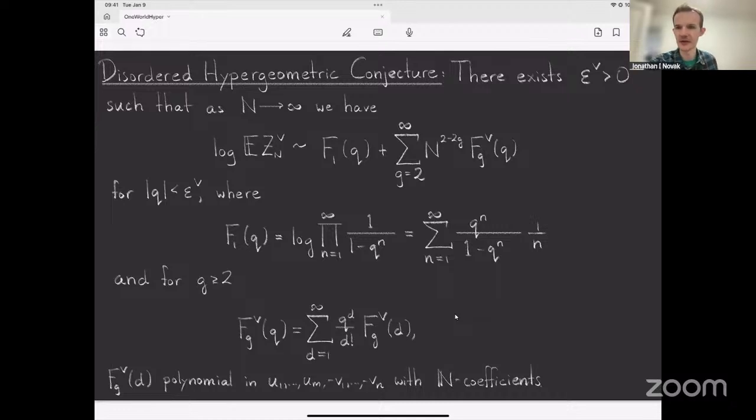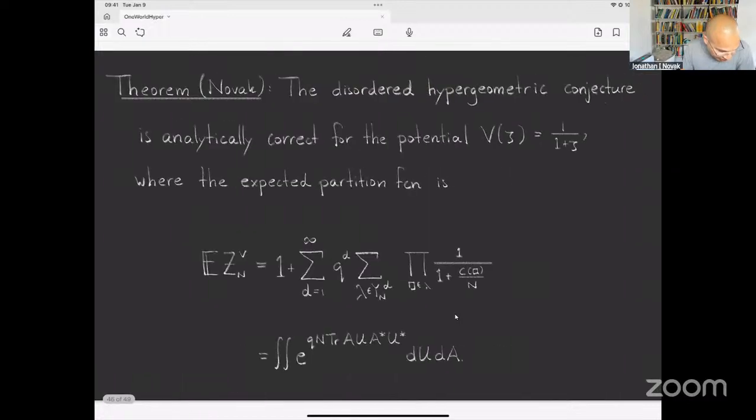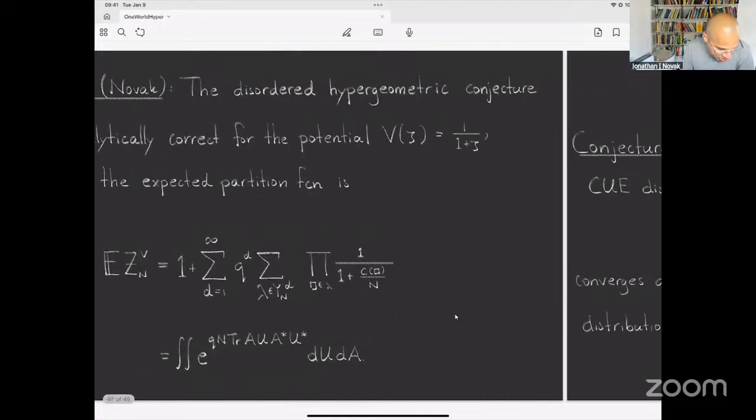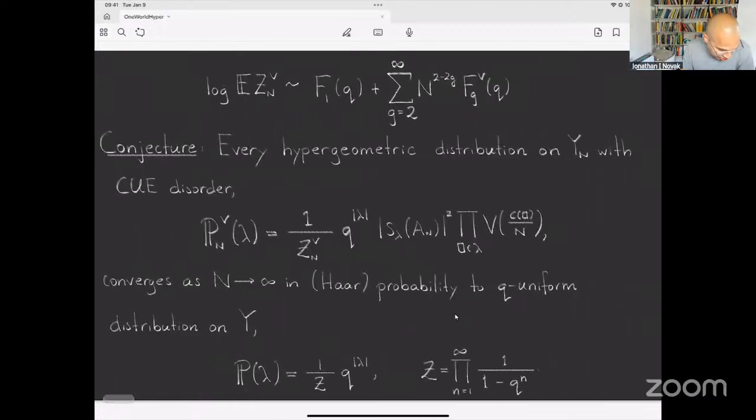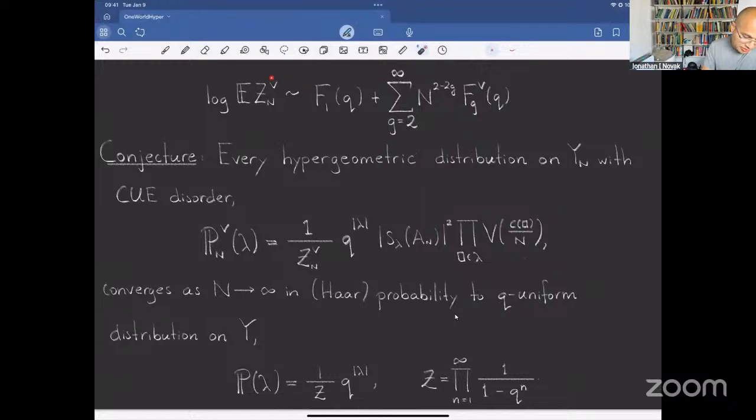I'm trying to find where I put this conjecture. Yeah, it's exactly here. So, to Gerard's question: what you're basically seeing is that the annealed free energy is converging as n goes to infinity, and the first order term in this expansion actually does not depend on the potential.